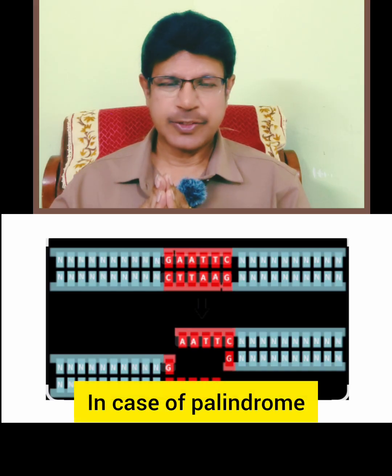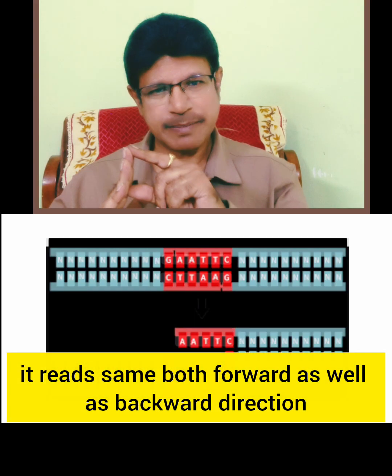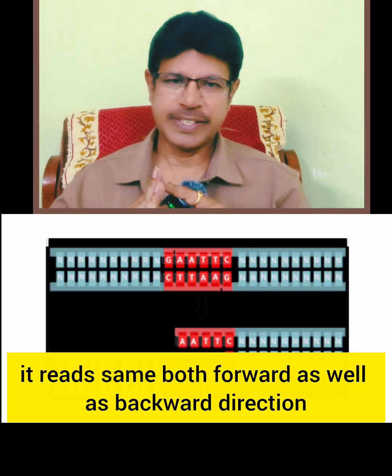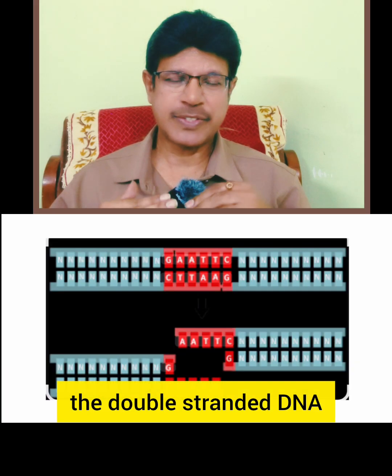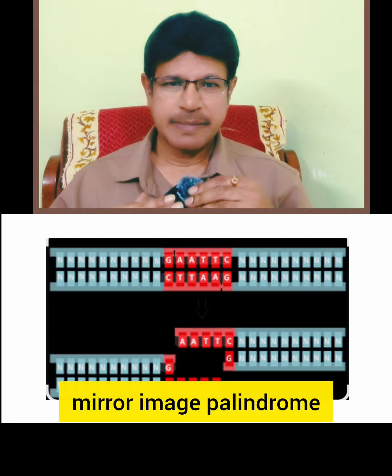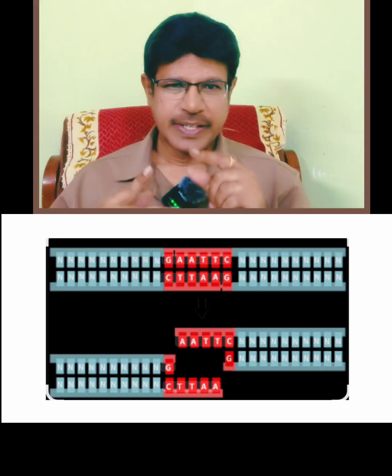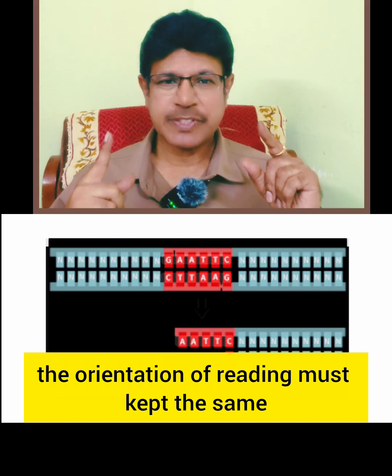In the case of a palindrome, if you take the word Malayalam, it reads the same both forward as well as backward, but not in the case of nucleic acid, the double-stranded DNA. It is a mirror image palindrome. In 5' to 3' and 3' to 5', the orientation of reading must be kept the same.